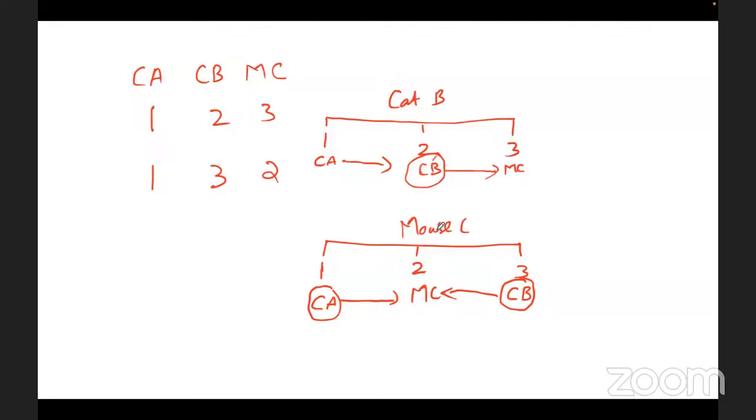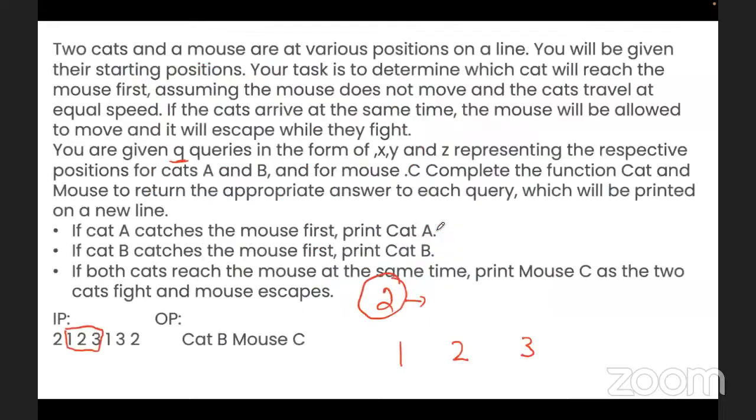No, because in the question, what they told is, right, so the cat A and cat B, see here, if the cats arrive at the same time, the mouse will be allowed to move and escape.